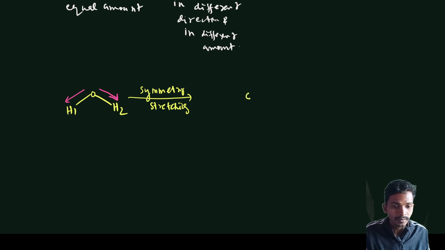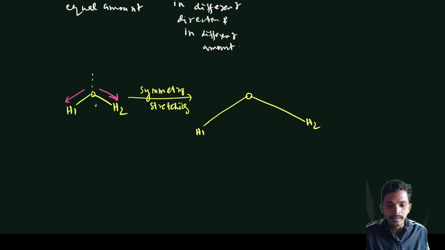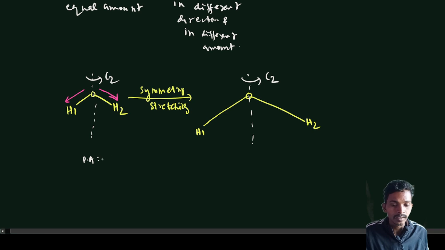After stretching, H1 will come here and H2 will come here. Whatever the previous shape was, the bond has just stretched and everything remains as it is. The principal axis was C2, and here also the principal axis is C2.